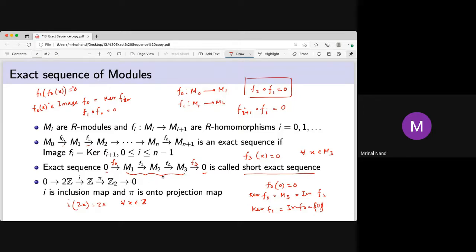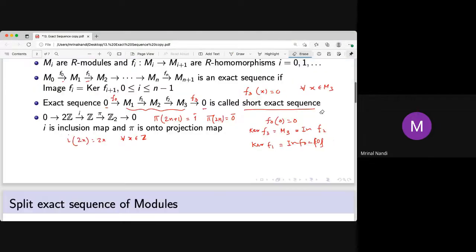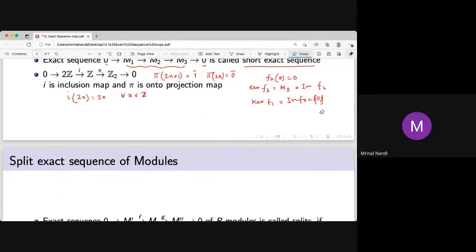Pi of any odd element goes to 1 bar, and pi of any even element goes to 0 bar. There are only 2 elements in Z2, 0 bar and 1 bar. And this is a short exact sequence. This pi is an onto projection map, and i is the inclusion map. So this is an important example of a short exact sequence.